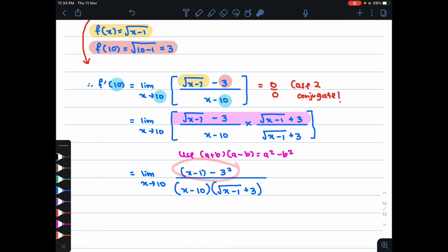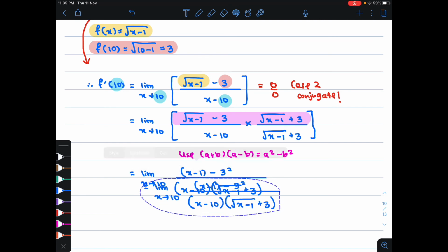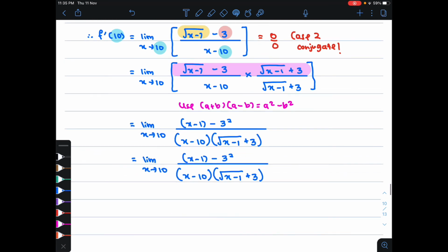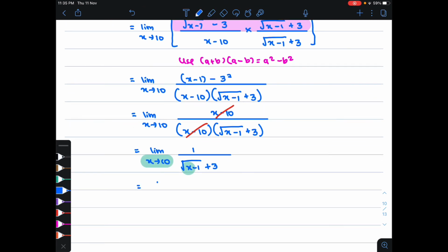Simplify the numerator. And you can see that we can actually cancel out x minus 10. So now just substitute x equal to 10 back into x. And we'll get f prime 10 is equal to 1 over 6.